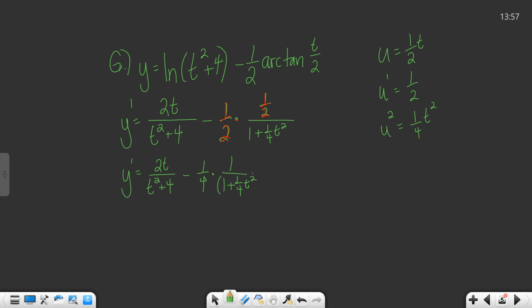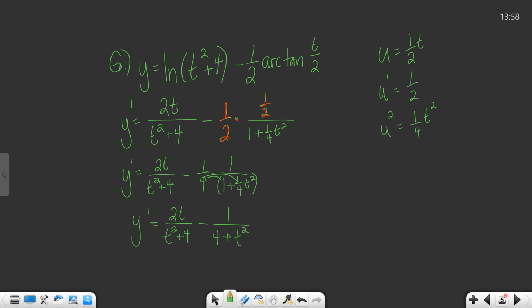What would you get if you distributed that 1/4 through there? This one is the same, minus, you would get 1 over, multiply that 4 through, and we get 4, plus, what happens when you do the 4 times the 1/4? They cancel out, and you just get 1 t squared.